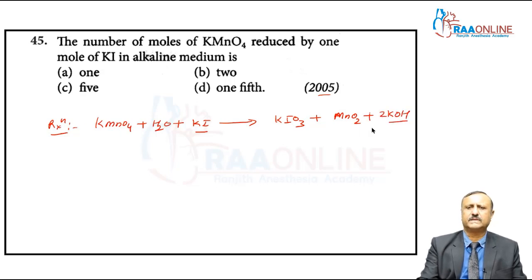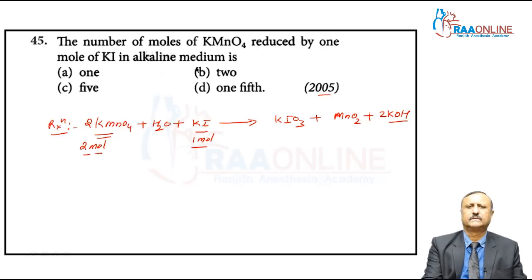Here, my dear students, because 2KOH is obtained here, 2 moles of KMnO4 react with 1 mole of KI, and you can get potassium iodate. So, the question is the number of moles of KMnO4 reduced by 1 mole of KI.